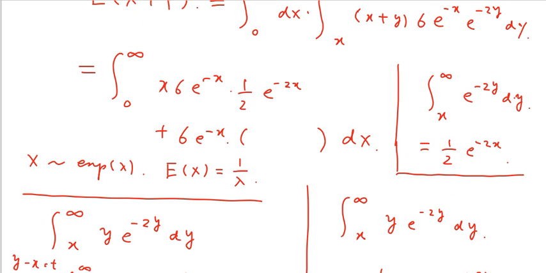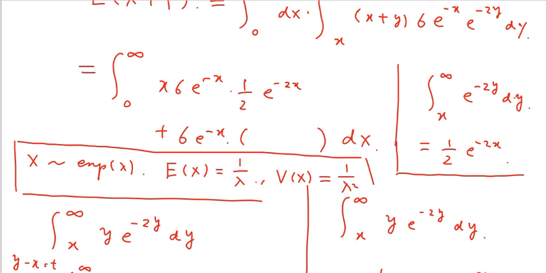So for exponential integrations we use this, or for variance, one over lambda squared. Maybe we can use those results.